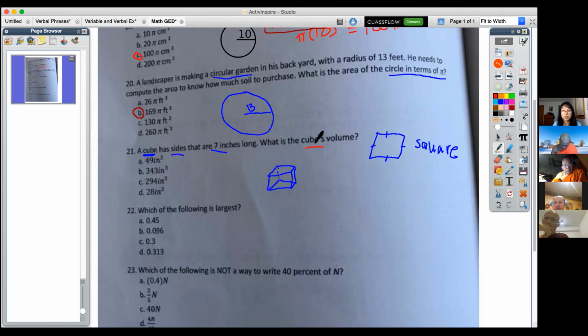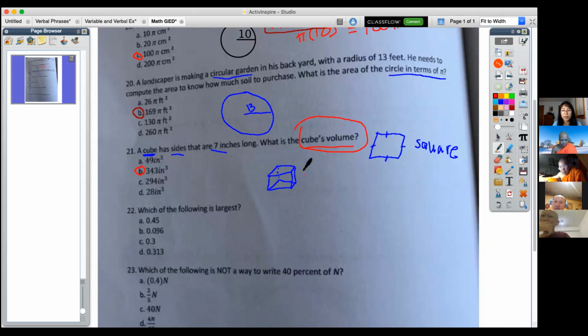We have to find the volume of the cube. So what is it? B. The answer is B, yeah.